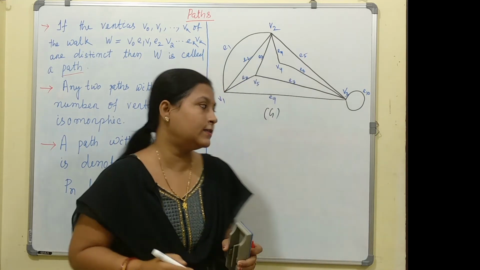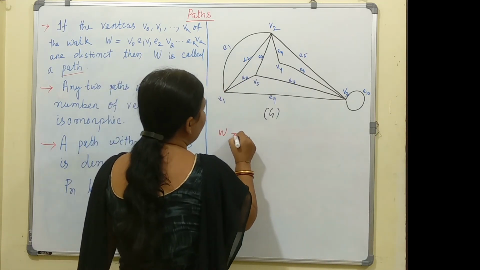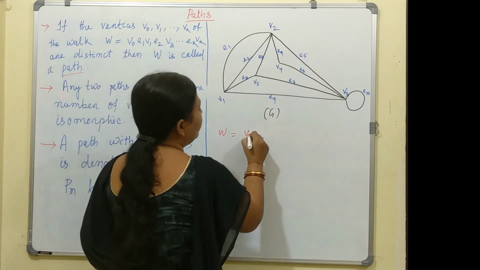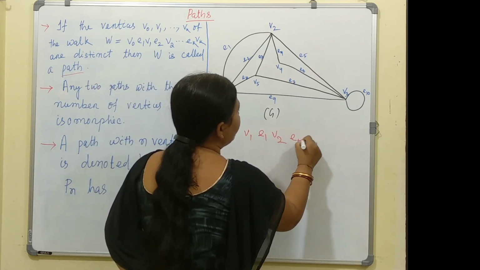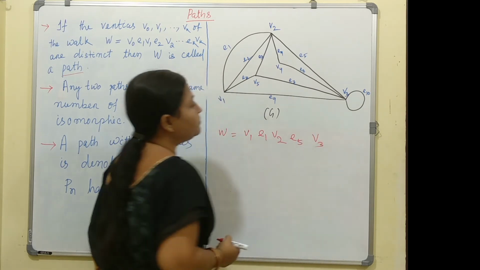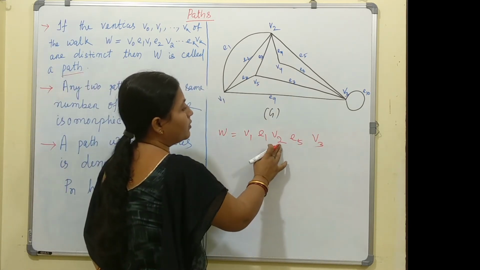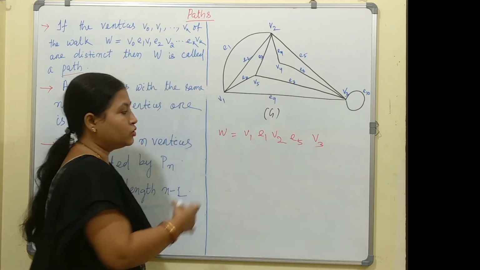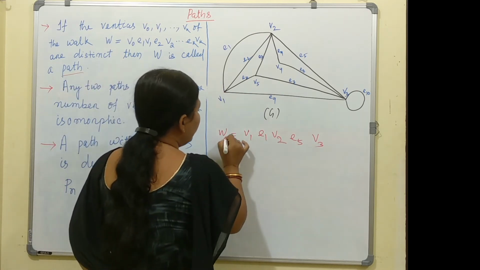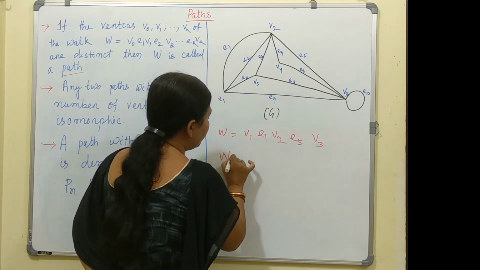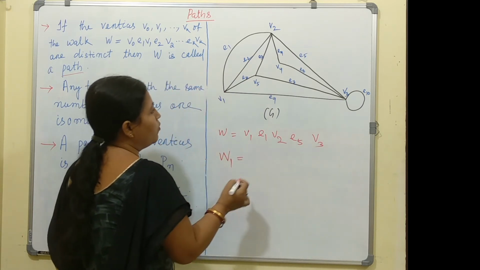That means, for example, W is equal to V1, E1, V2, E5, V3. So here the vertices are not repeated. So W is a path, and we will take another walk, that is W1.